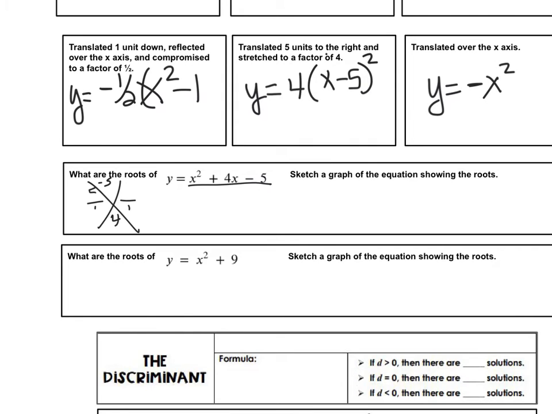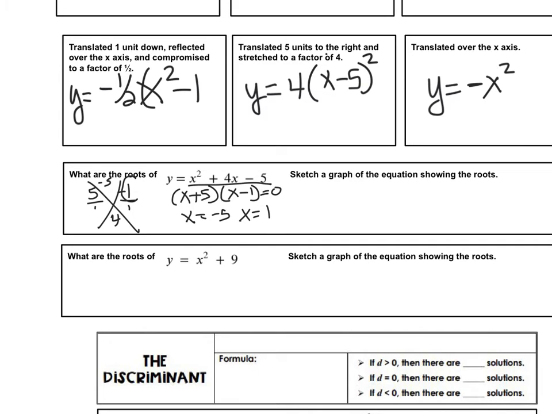Well, I would say 5 times -1 is -5. 5 plus -1 is 4. So my factors would be x plus 5 and x minus 1. And if I set those to 0, I'm going to get x equals -5 and x equals +1.